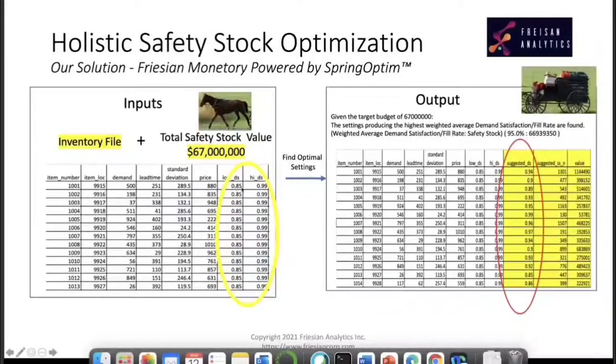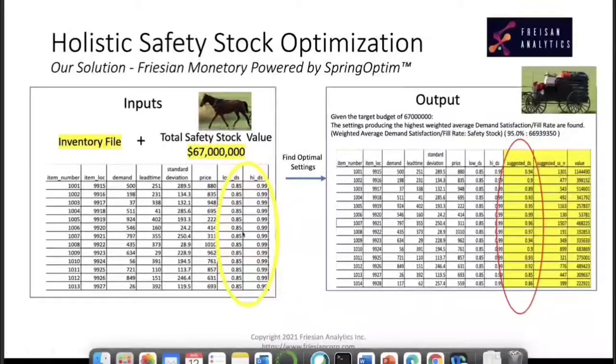Then we can set the low DS for this item to be very high, 99 even, and the high boundary to be 99. So this low and high boundary are some hard control given to us as human beings. We can exercise our power to define within what range, or even precise value, we want the DS to be for this particular item.